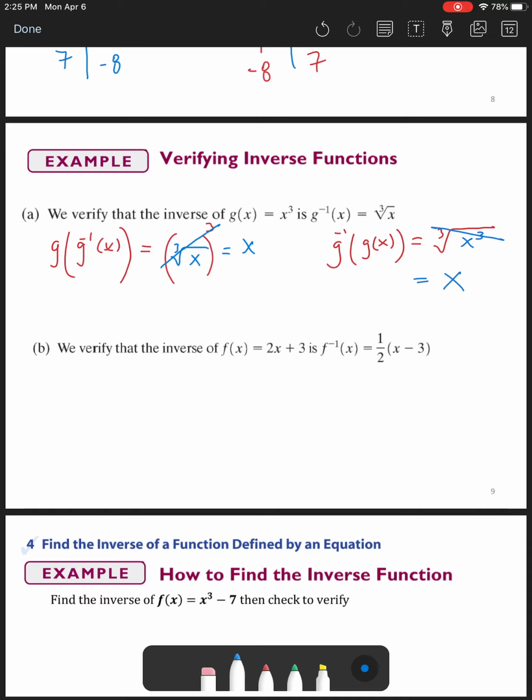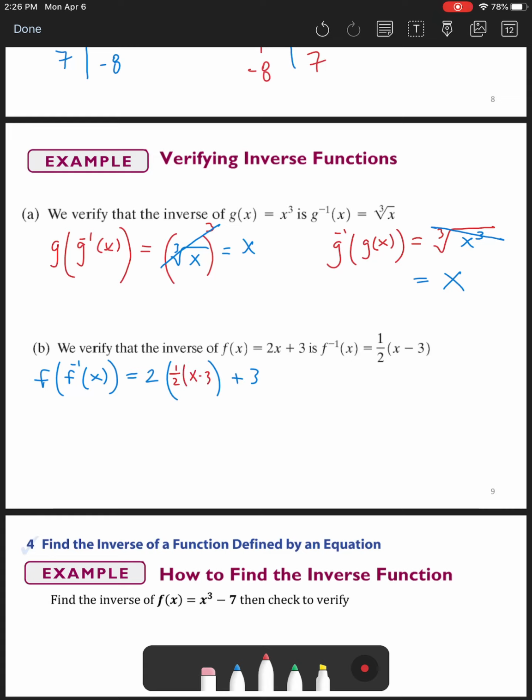And you do a similar thing for part B. We'll take f of f inverse of x. Then put the inverse function inside of the original. So we have 2 times, and wherever we see the x is where the inverse function will go.